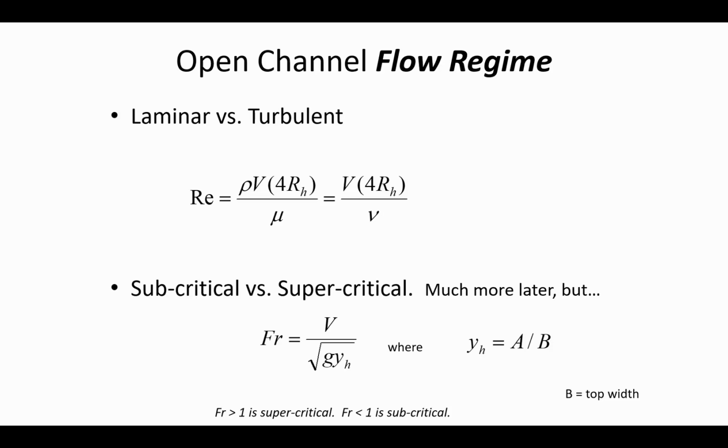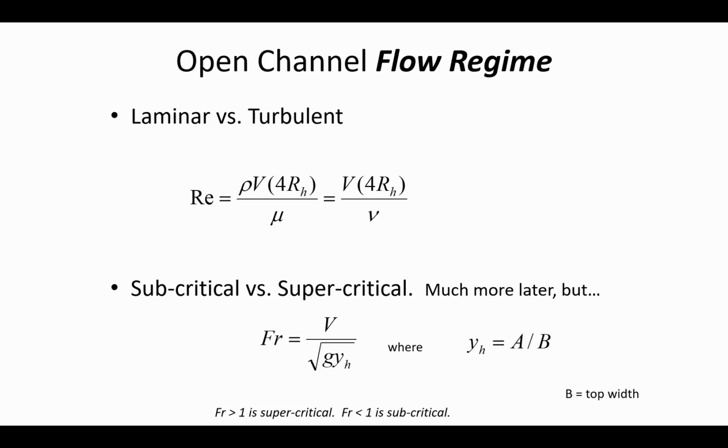All right, now earlier I got a question about if you take a channel and choke it down to make it narrower. Somebody asked, does it get deeper or does it get shallower? And I said it depends on whether the flow condition is critical, subcritical, or supercritical. We're going to go into a lot more details later, but because one of your homework problems just asks you to classify the flow regime, what that means is calculate the Froude number.